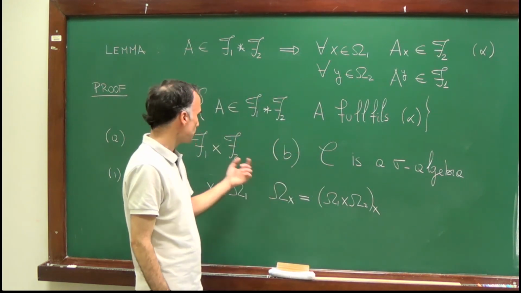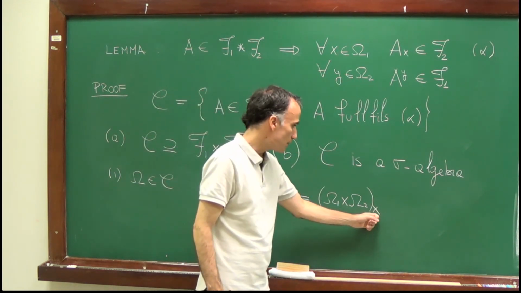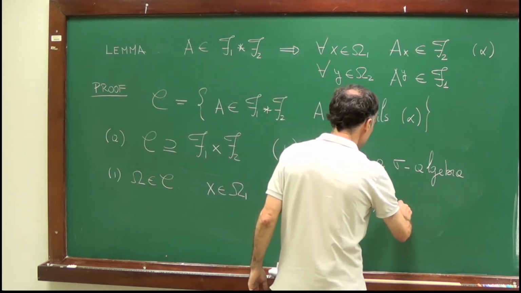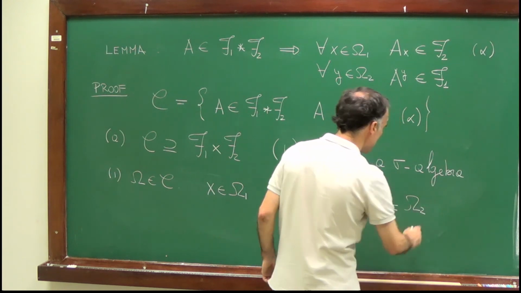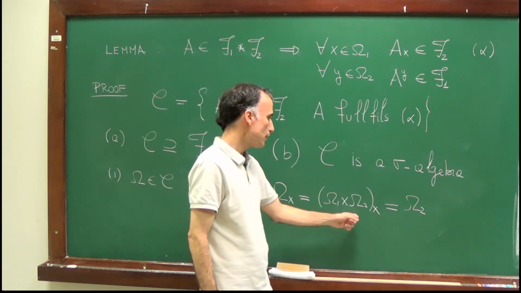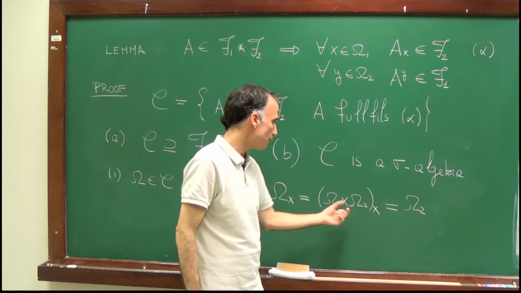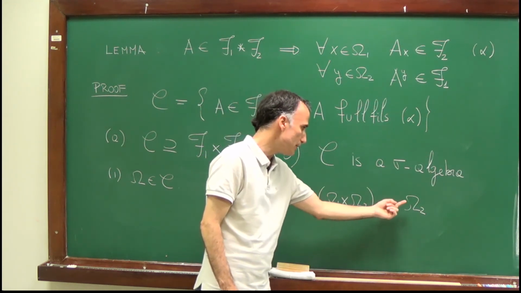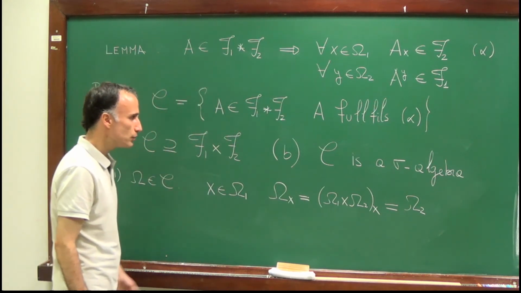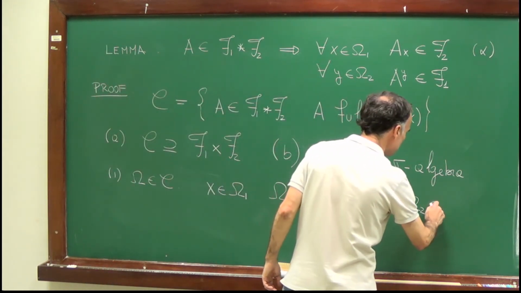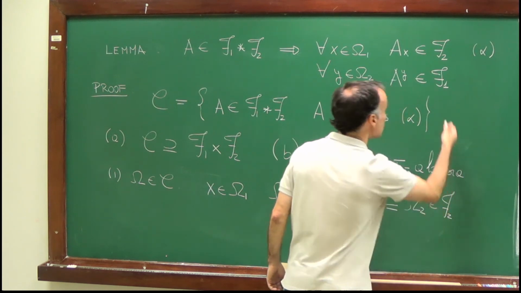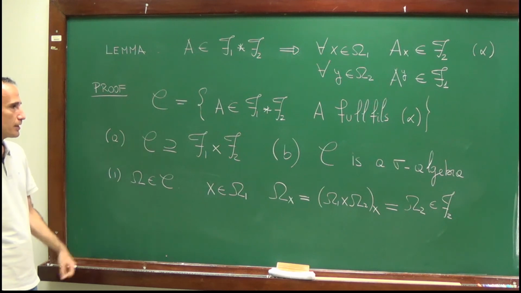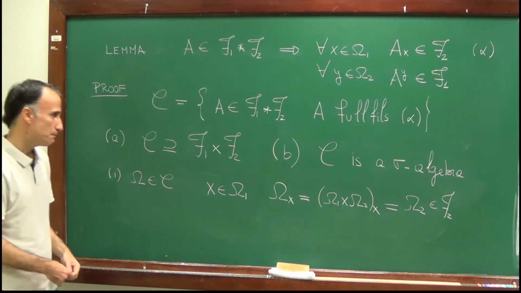And we have seen in the proof of part A that the cross-section of a rectangle is either the set omega 2 or the empty set, but since x is of course in omega 1, the cross-section is omega 2, and omega 2 is an element of F2, because F2 is a sigma algebra. Therefore, omega is certainly an element of C.